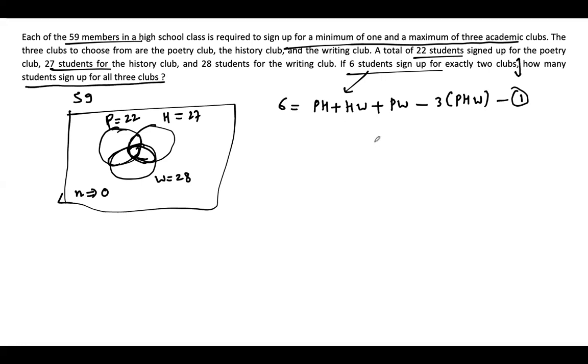Can we make one more equation with respect to the total? How will you write? 59 is equal to the total. Total is equal to none, which is 0, plus at least 1. How am I going to write at least 1?